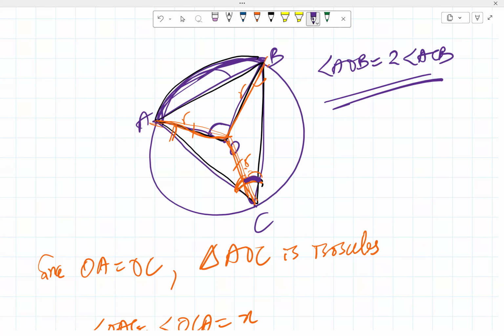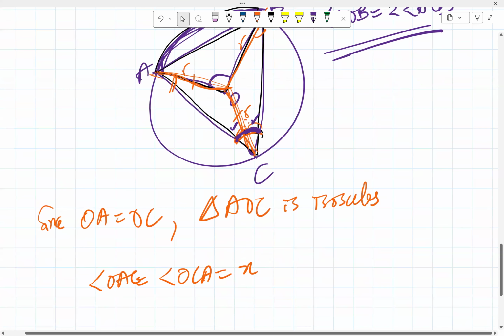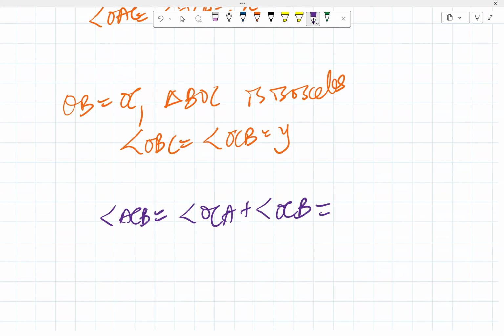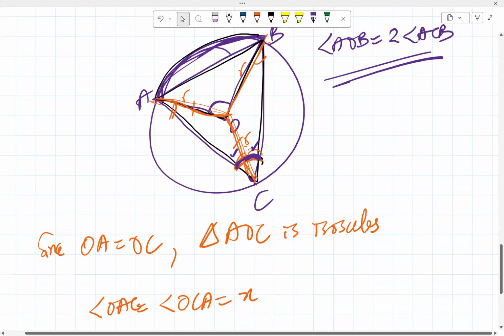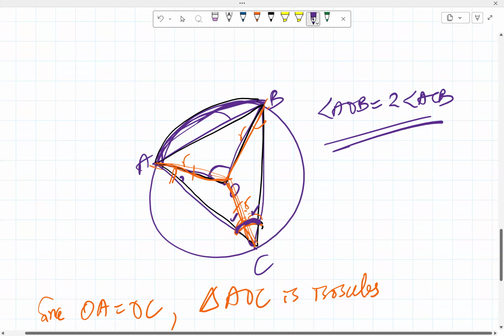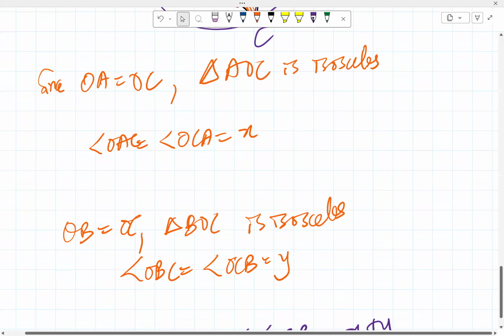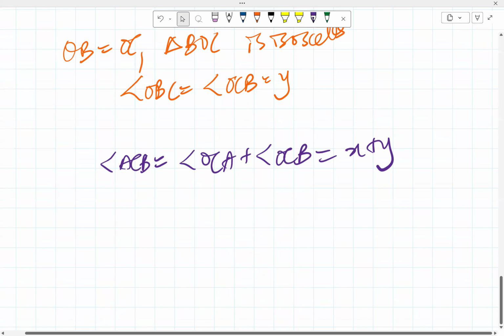So you can see it is the addition of this angle plus this angle, and we already know this angle is one of these two. So ACB can be angle OCA plus angle OCB. That's like X plus Y. So like we said, this is X, and this is Y. So this angle ACB is X plus Y, as you see there.